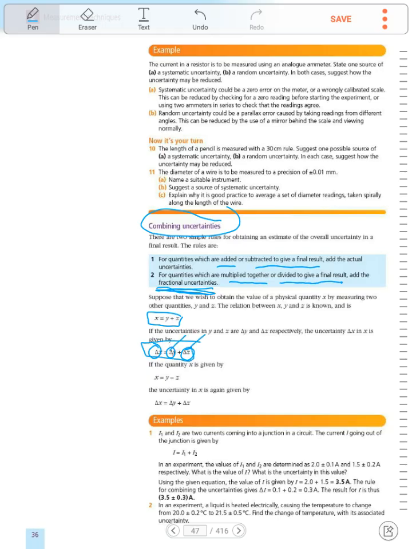Okay? Let's say I have a equals b plus c or minus c. To find the error in a, you take the absolute error in b plus the absolute error in c. In measuring the error, you only take the positive values.